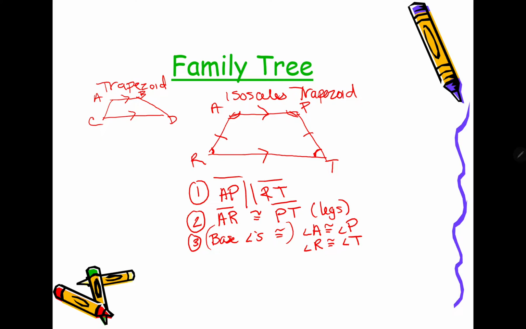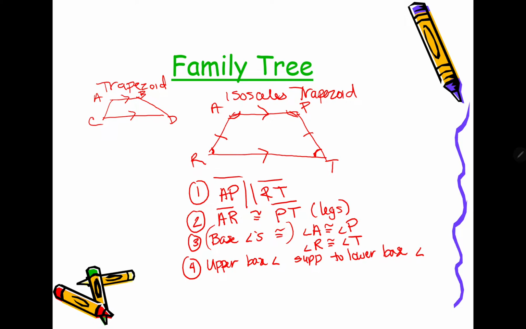We have another relationship as well, and that is we have some supplementary angles. A bottom and a top base angle are going to be supplementary. So an upper base angle is supplementary to a lower base angle.